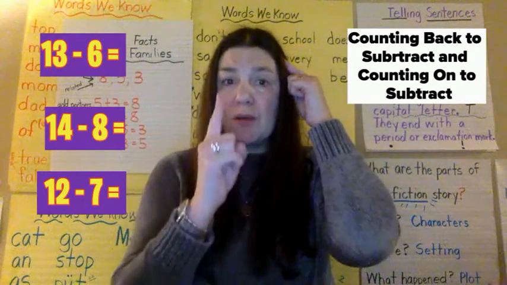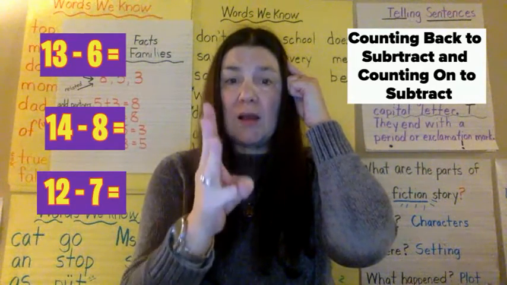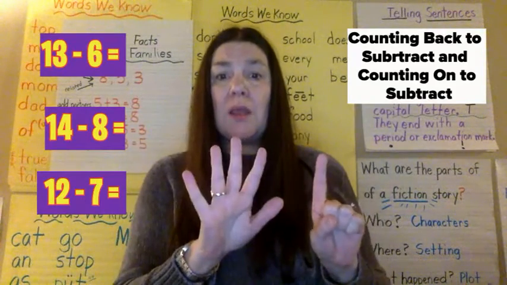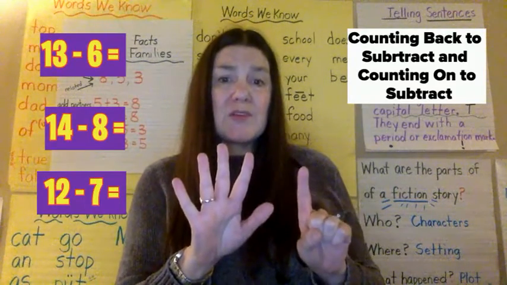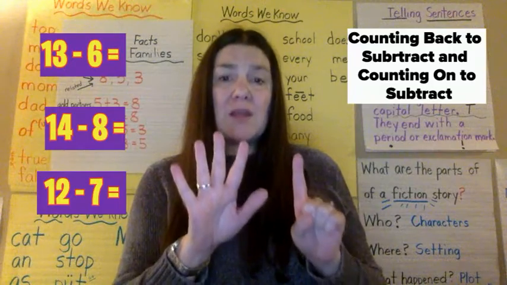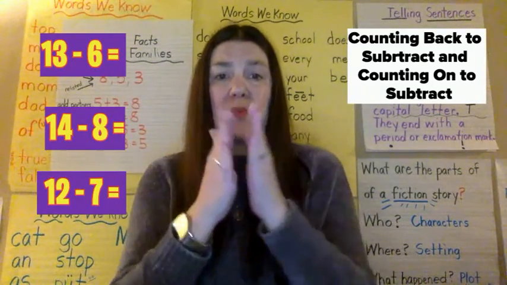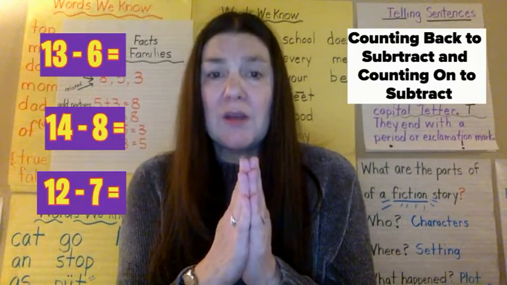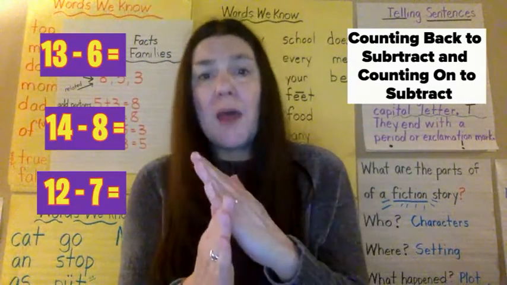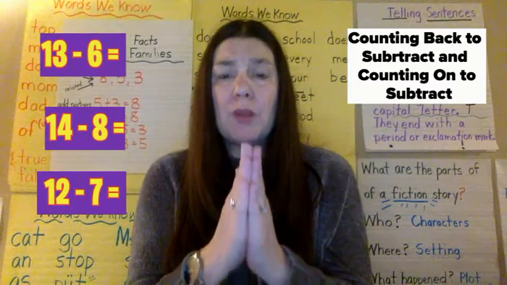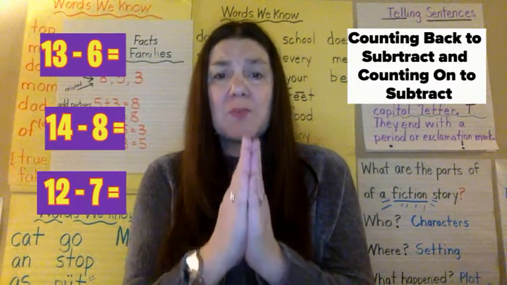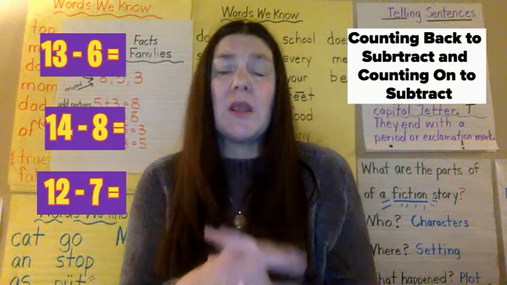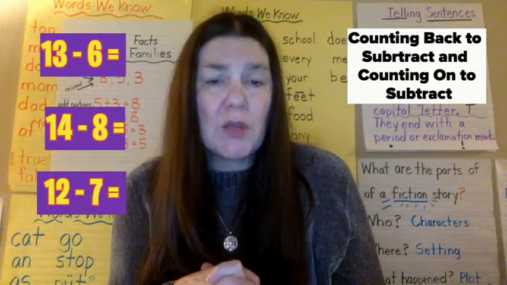So 8, 9, 10, 11, 12, 13, 14. And my answer is 6. 14 minus 8 is 6. There's 6 spaces between 14 and 8. So it doesn't matter if I'm counting back or counting forward between those two numbers. The spaces between those two numbers is the difference in a subtraction equation.